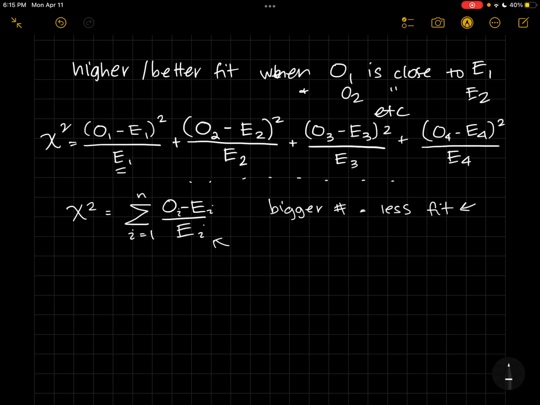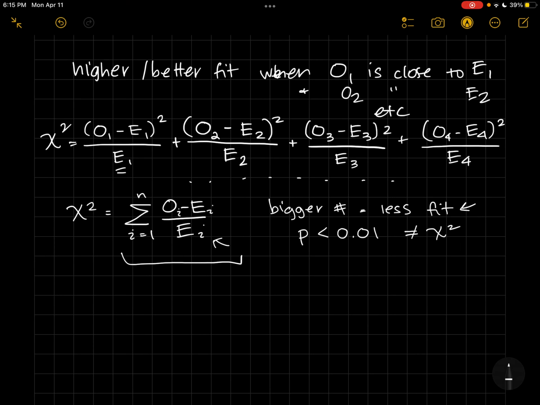But this is not going to give us a probability. So if we want to look at our null hypothesis, what we typically want to do is choose an alpha value to rule out the null. And we're usually going to choose something like our p-value is less than 0.01. That would be our normal value. But this chi-squared does not give us a p-value. And part of the reason why is one, because it doesn't actually do a p-value calculation.